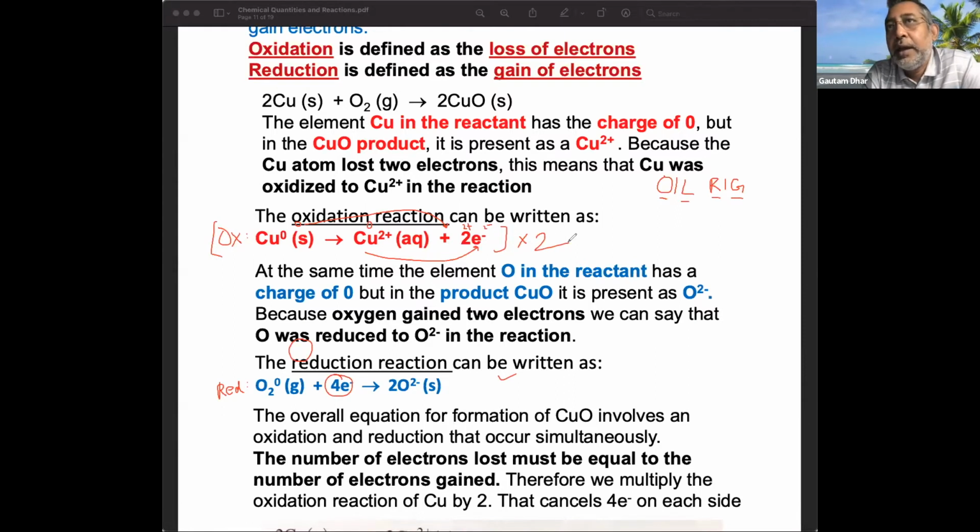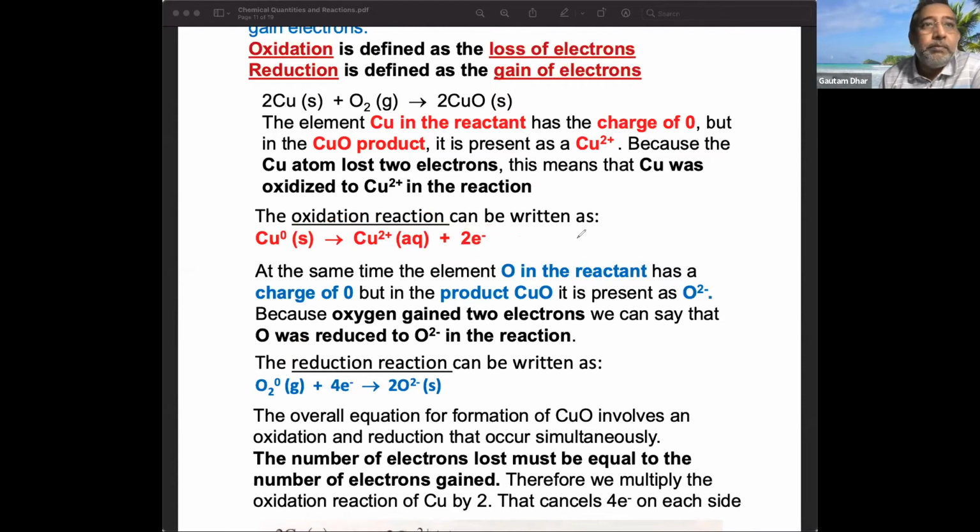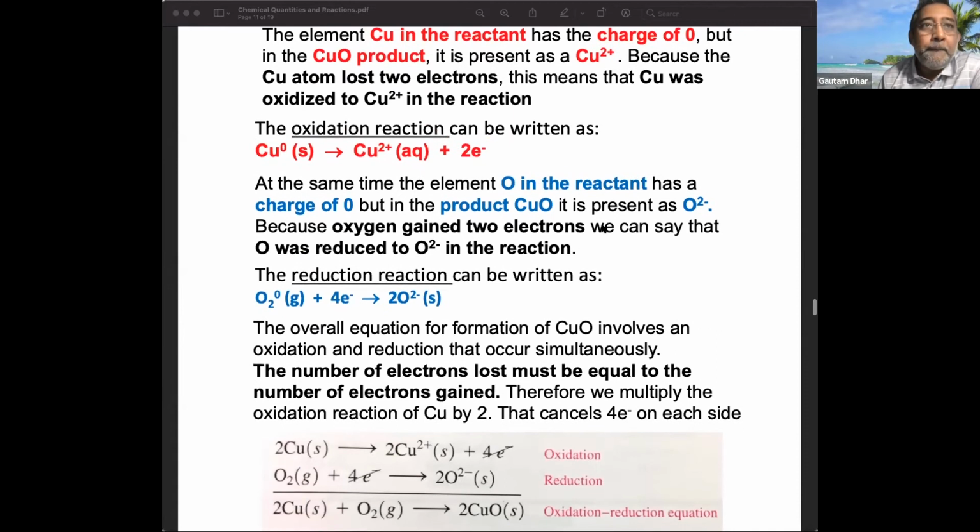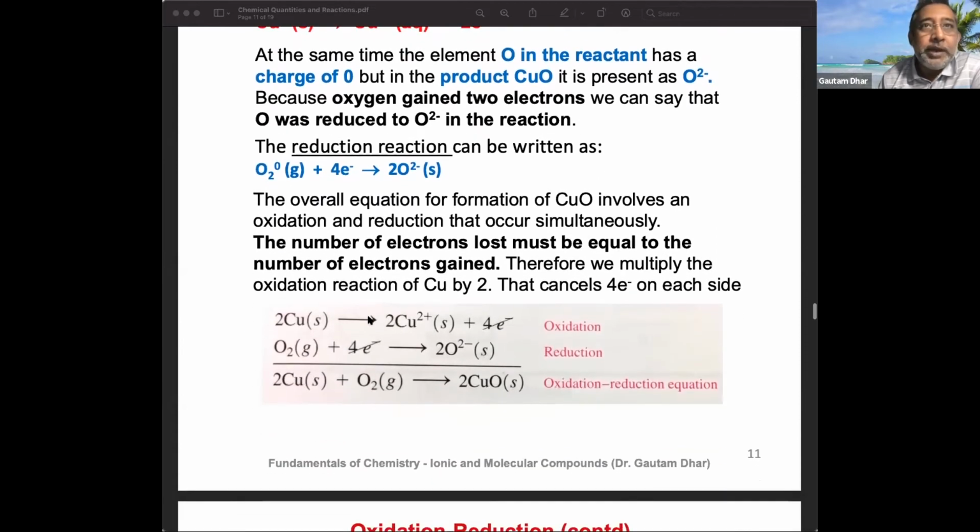Add them, and that is your final balanced reaction. That is exactly what we did here. We multiplied in order to make 4 electrons. We multiplied the first equation by 2.